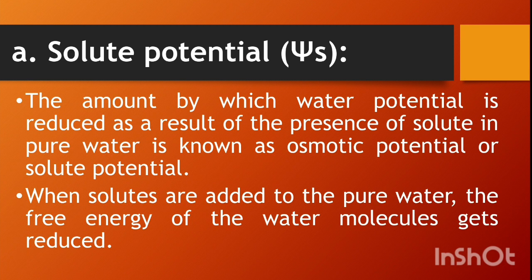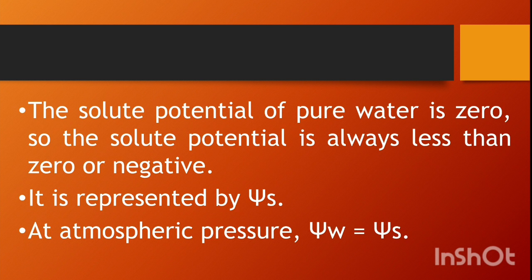So the amount by which water potential is reduced as a result of the presence of any solute in pure water is known as the osmotic potential or the solute potential. The solute potential of pure water is 0 because there is no solute present in pure water.